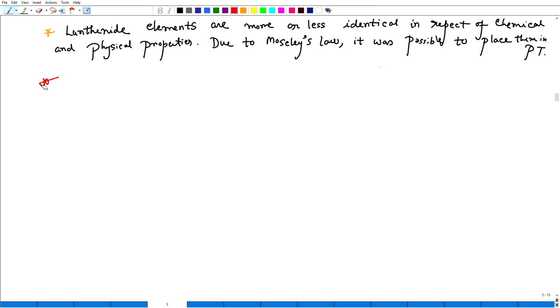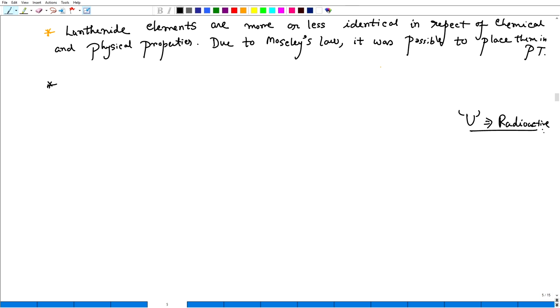And the last one, which is also very important, is that with the help of this Moseley's plot, given by this linear plot, that root nu is proportional to Z, this is also possible. Using this plot we can identify some elements having atomic number more than uranium, because uranium is radioactive, right, it is very heavy.